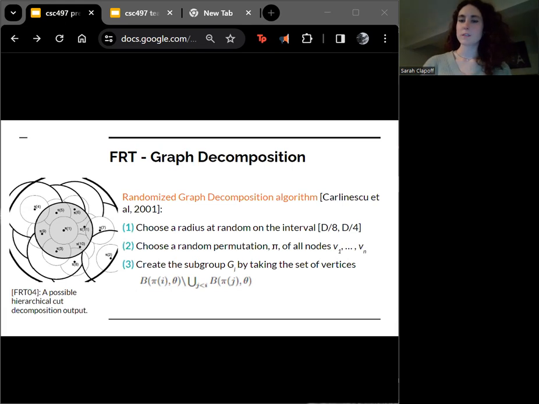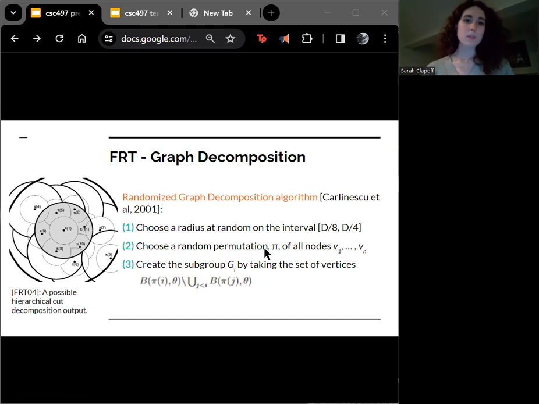So this decomposition procedure, like I said, is used to create the subgroups GI in each step of the iterative algorithm. There are lots of different ways to do this as long as they satisfy those two properties outlined in the algorithm. The one that we looked at is as follows. You choose a radius theta at random on the interval D over 8 to D over 4.